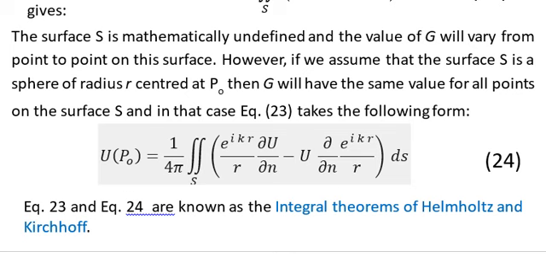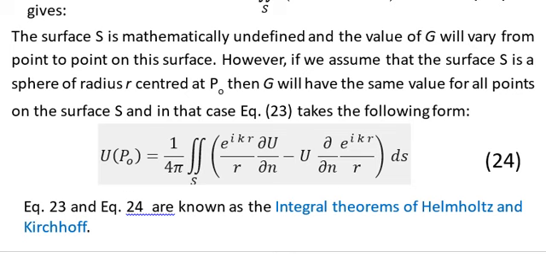And then we have the partial derivative of G. This is actually capital G value, e to the power iota kr over r, because now the contribution of the capital G, which was originating from the point P naught at the surface capital S, which is now in the form of a sphere of radius r, the value of capital G on that surface is now e to the power iota kr over r.